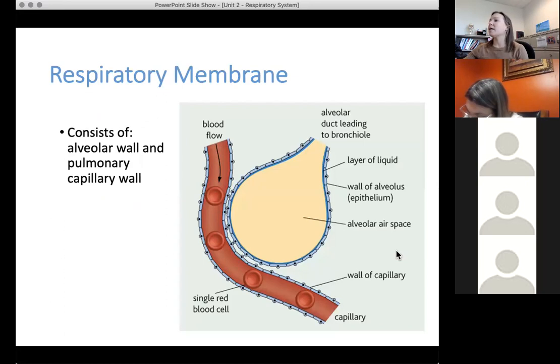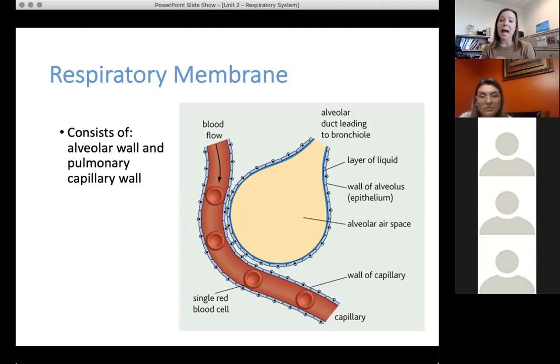In your outline, you can read that they come in direct contact with the capillaries that flow through your lungs. So here is one of those alveoli, and here is a capillary. So you have capillaries passing right next to the alveoli.